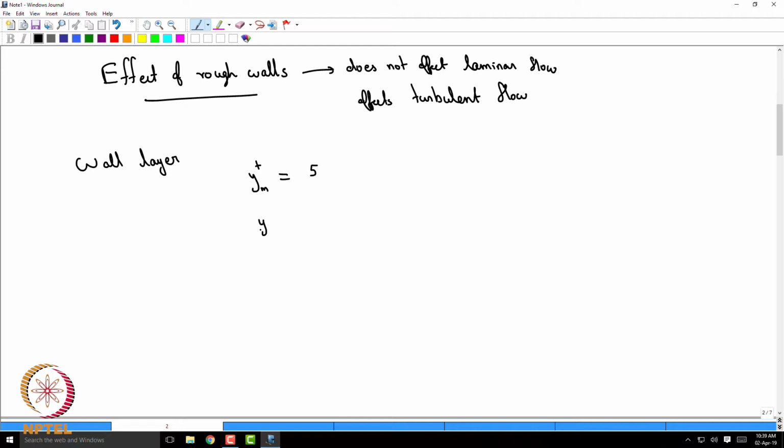What was it non-dimensionalized with respect to? y max is 5, or y max divided by d, where d is now the diameter of the pipe, is simply 5 u star divided by nu, right?